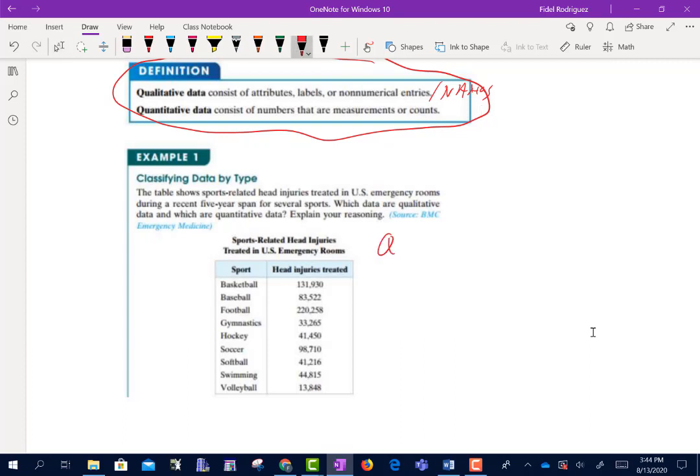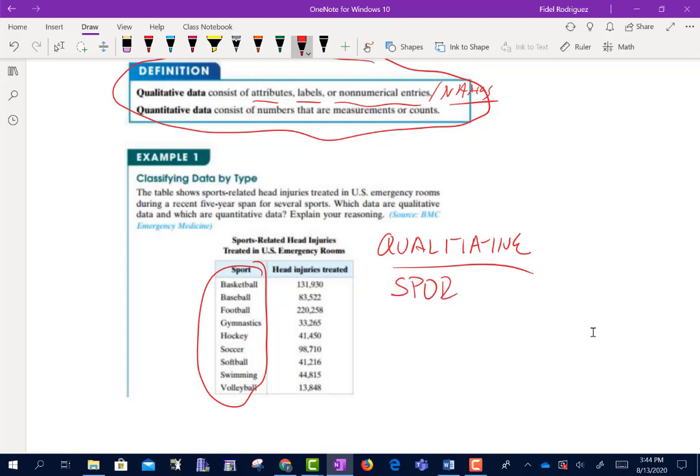So qualitative: remember, attributes, labels, non-numerical entries, names. Well, look at these. These are all the names of the different sports. They're the labels. We have the sport labeled basketball, baseball, and so on and so forth. So the qualitative is going to be the sports.